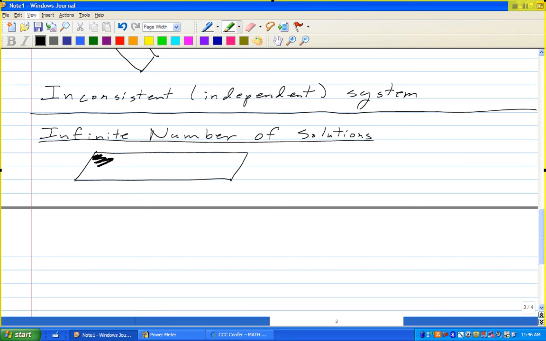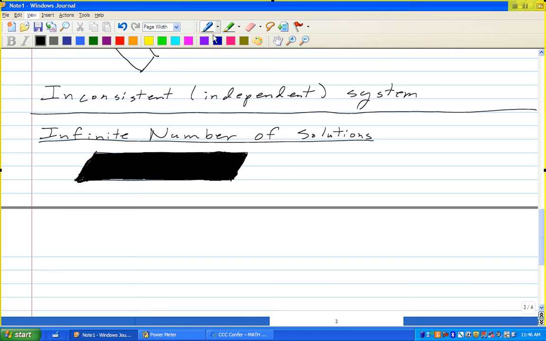Let's say, actually I could make it bigger. They intersect everywhere along here. And so this is the case of three coincident planes.